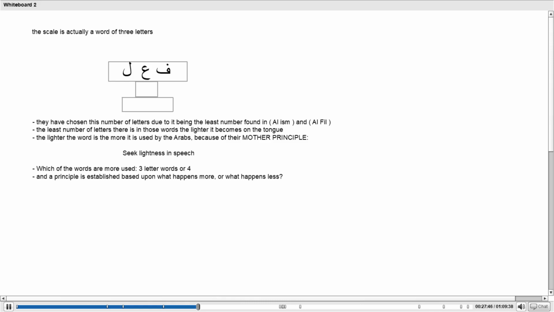What happens more? What is more frequent? Isn't that so? You notice something and it happens all the time. And just a couple of times it doesn't happen. So you can make a principle out of it.